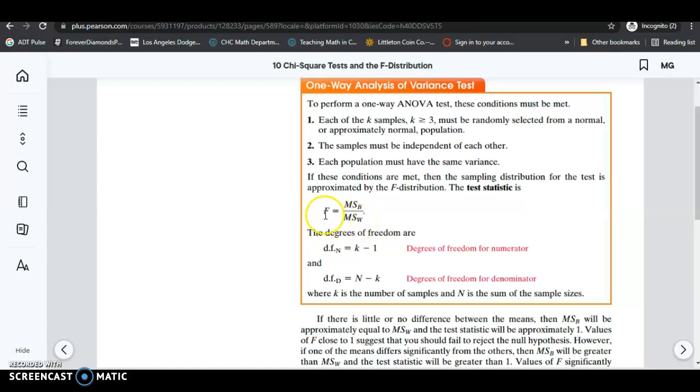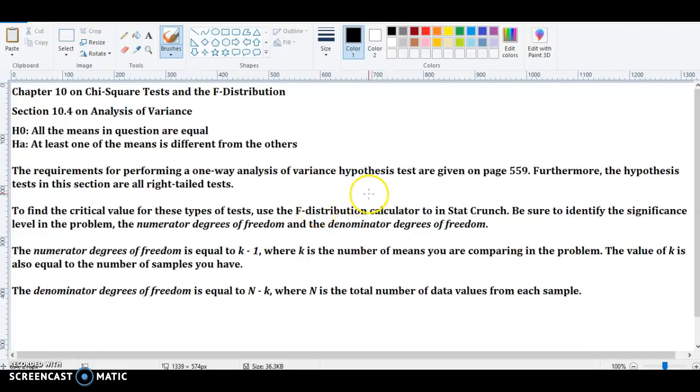Notice how the capital letter F is used in that formula. That's why in StatCrunch we use the F distribution calculator. Be sure to identify the significance level in the problem, the numerator degrees of freedom and the denominator degrees of freedom.